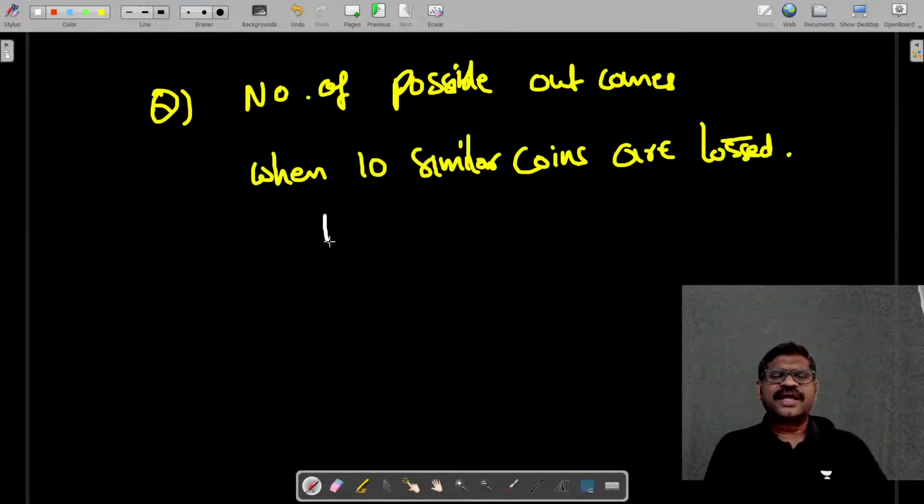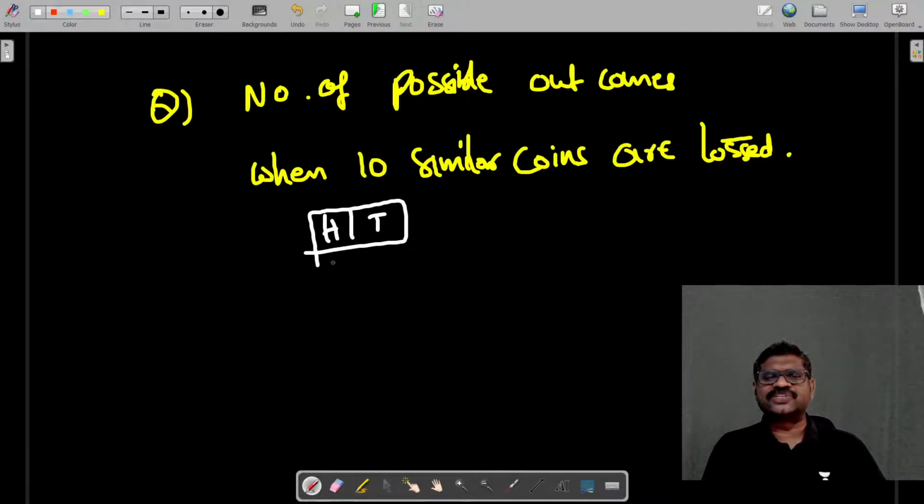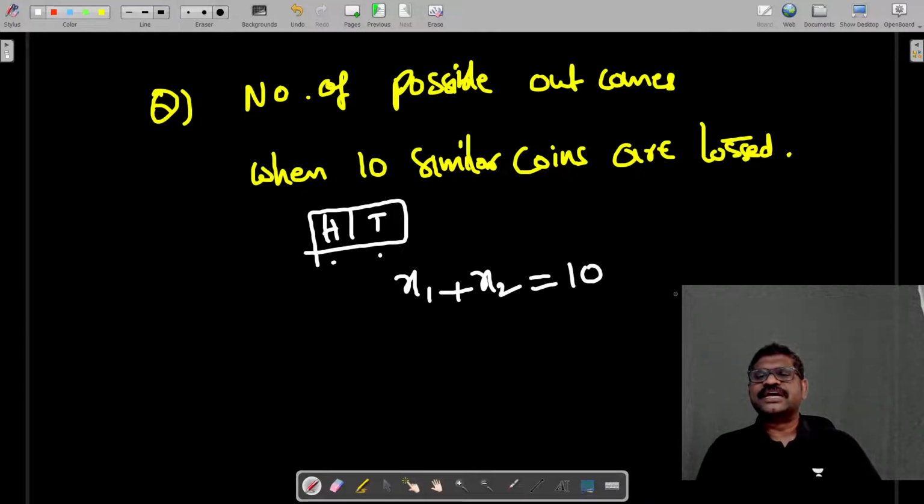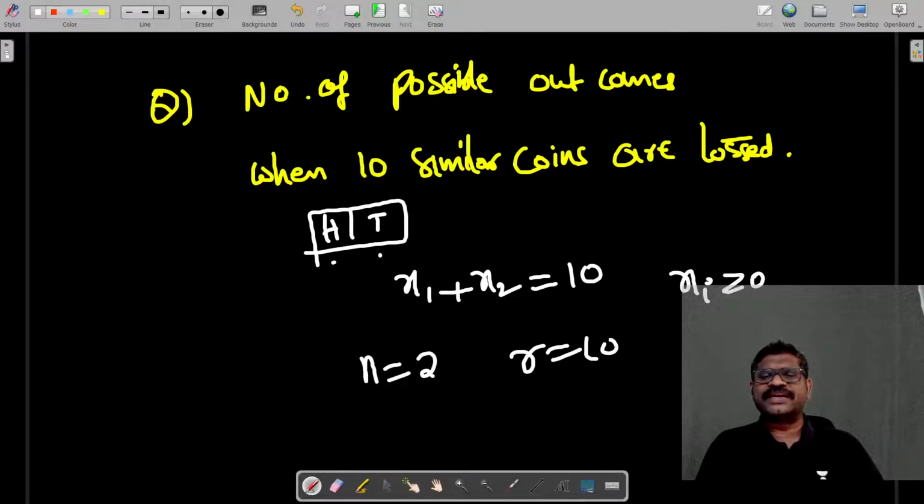So either head or tail. That's why let us say head is x1, tail is x2. x1 plus x2 equal to 10 similar coins where each xi greater than or equal to 0. So here n value 2, r value 10.